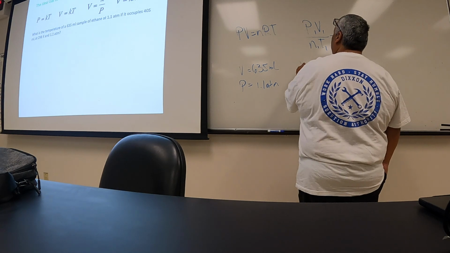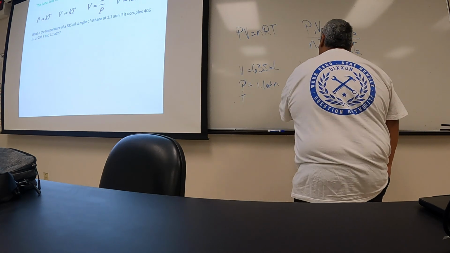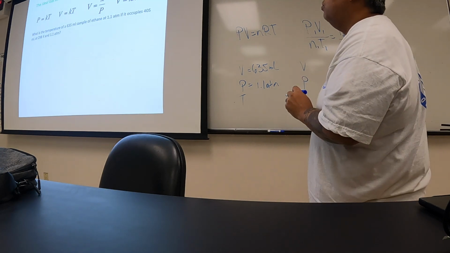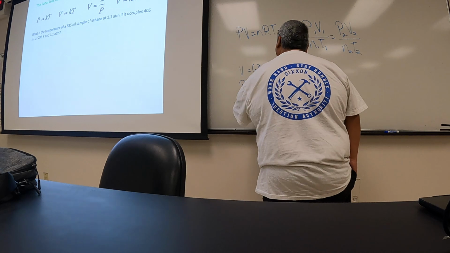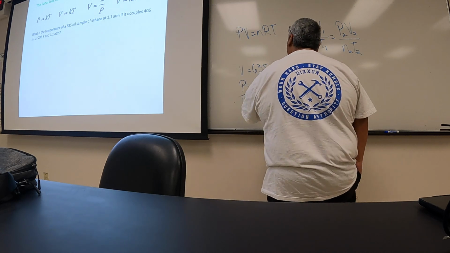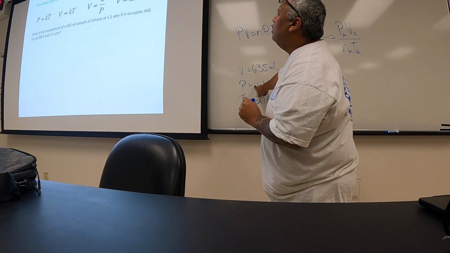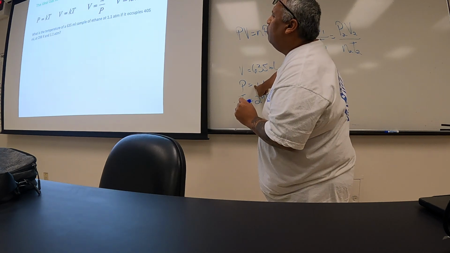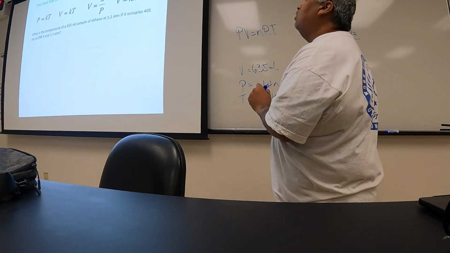Let's go here. So we need volume, pressure. I do have some temperature here. So if this is at 298 Kelvin, it's at 1.1 atmospheres. What is the temperature? I'm just trying to determine what's initial and what's final.